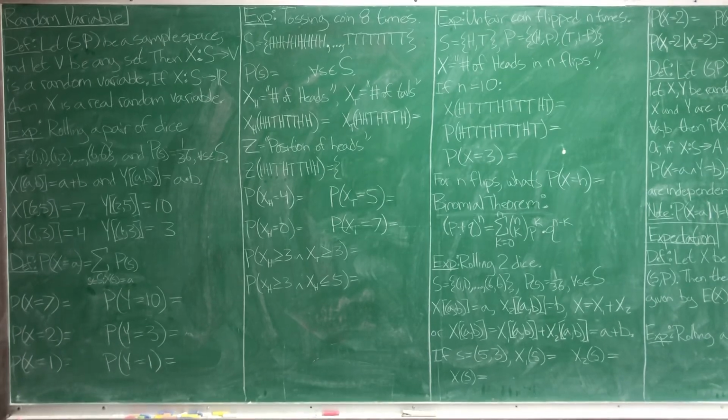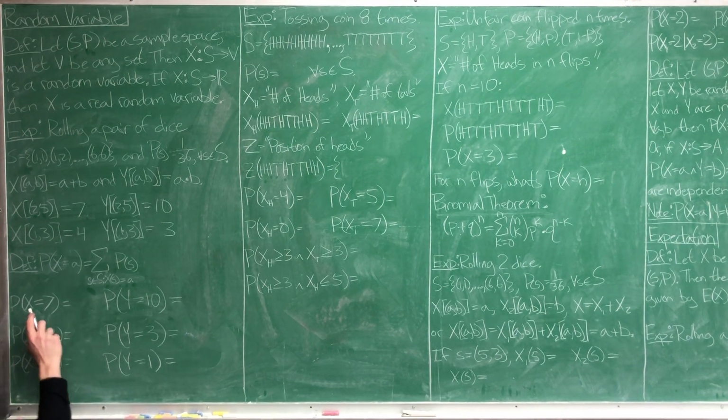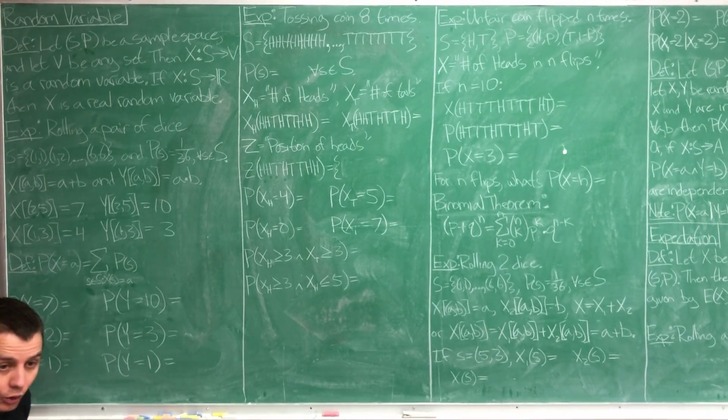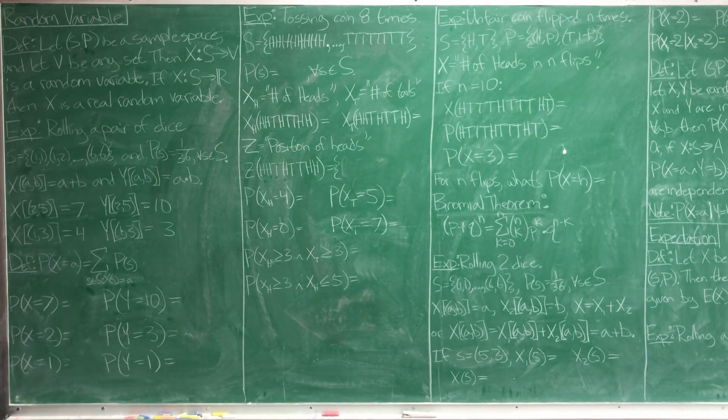So going back to rolling 2 die, same example we were just talking about, and x is going to be the random variable adding up the roll of the 2 die. What is the probability that x is equal to 7? 6 out of 36.